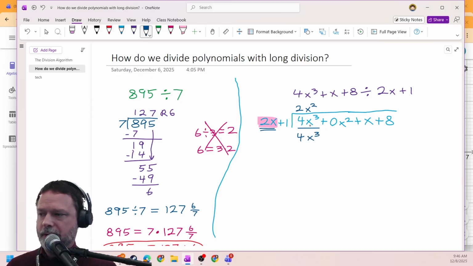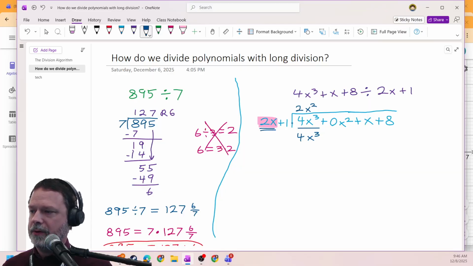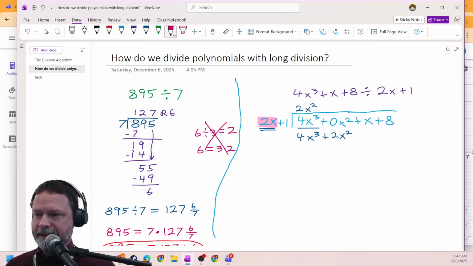And that's our goal, is to get whatever this was exactly down here, right? But I got to keep multiplying, because I got to go 2x squared times this whole 2x plus 1, not just the 2x. So 2x squared times 1 is plus 2x squared. And then what do you got to do? We subtract it, right?